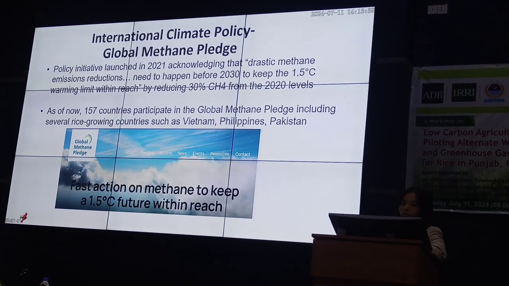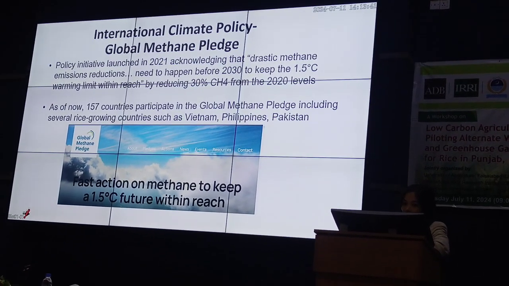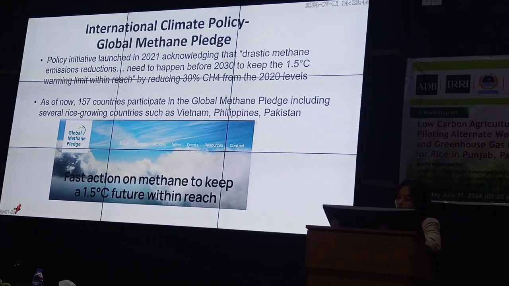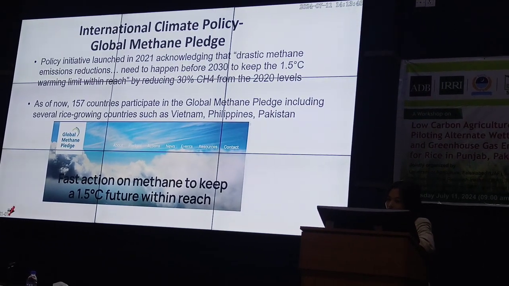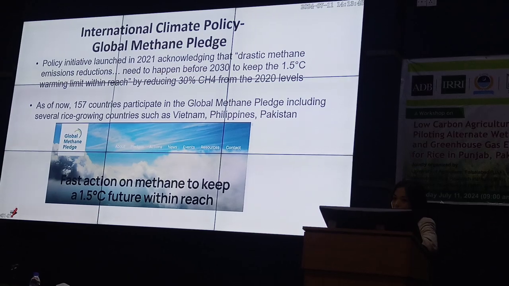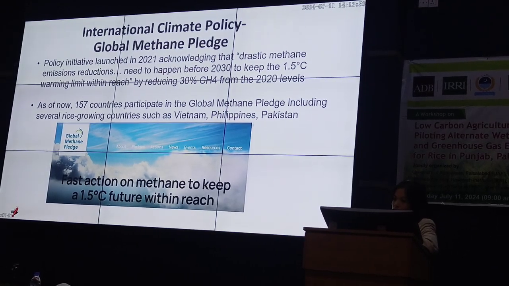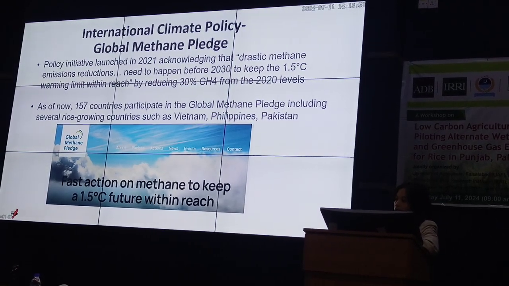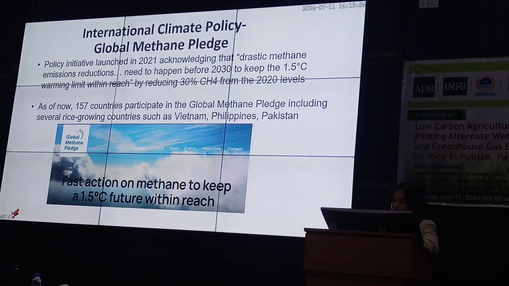In this Global Methane Pledge, the action to address is on methane emissions, which need to happen before 2030 to keep the target of the Paris Agreement.